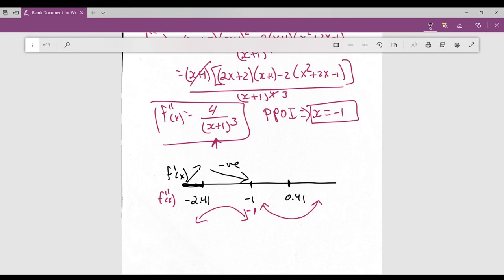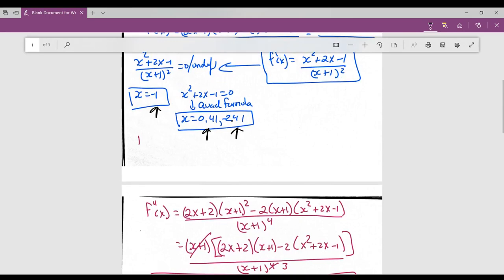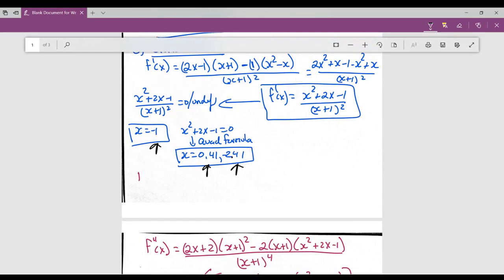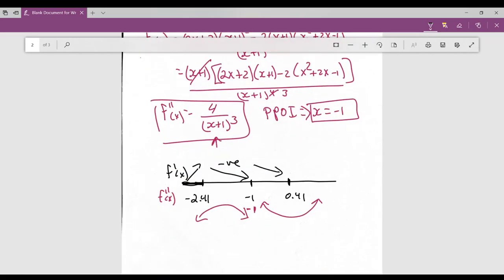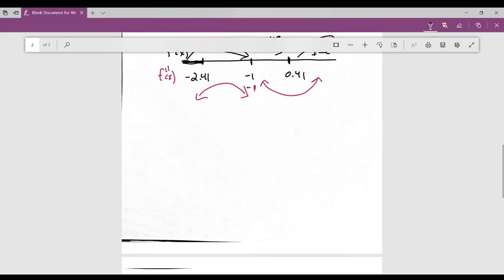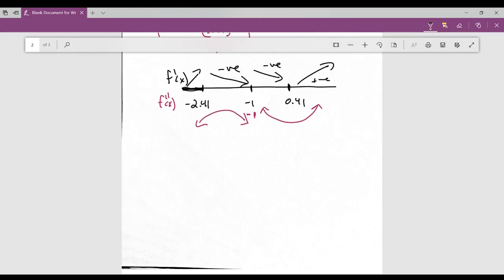From here to here, -1 to 0.41, put in 0. You'll see it's decreasing again. You put in a 0, it goes away, negative over a positive. It's decreasing, it stays decreasing, and then on this interval, a number bigger than that, it's positive. So negative, positive.